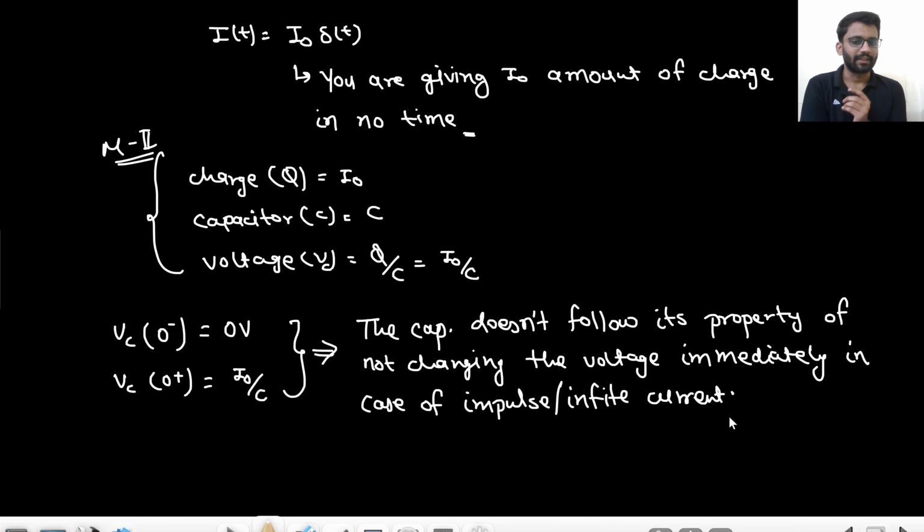So what do you understand by that? Whenever there is an infinite current in the capacitor, it can change its voltage immediately.